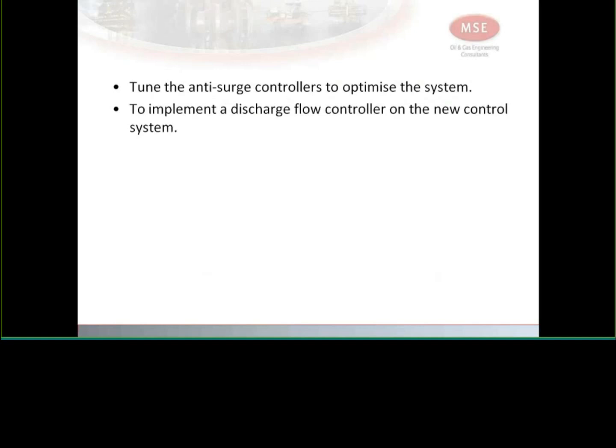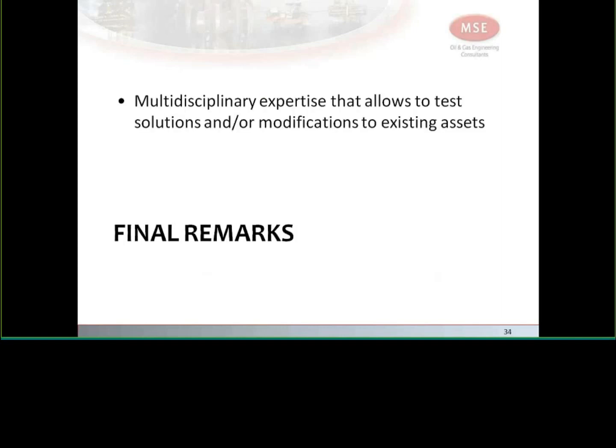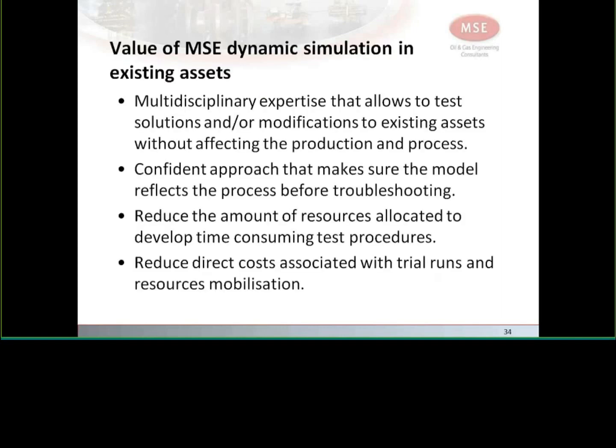Thank you, Sabir. So just to wrap up, the final remarks are about the value that we were able to bring using our dynamic simulation in existing assets. Taking a multidisciplinary approach and expertise, it allows us to test the solutions without affecting the production and the process.